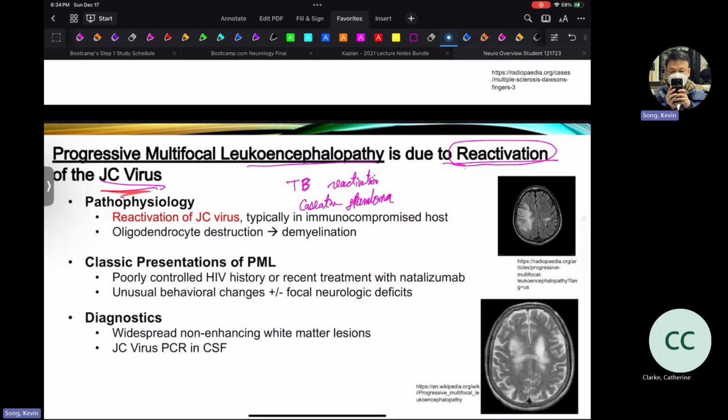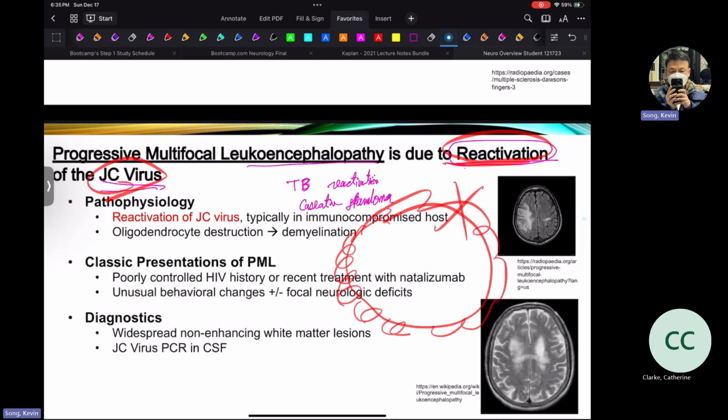JC virus is also reactivated through a similar mechanism as a caseating granuloma. Not exactly the same, but whenever you see reactivation, why is it reactivated? Because the wall that the immune cells built is now broken. When the wall is broken, it will be reactivated.